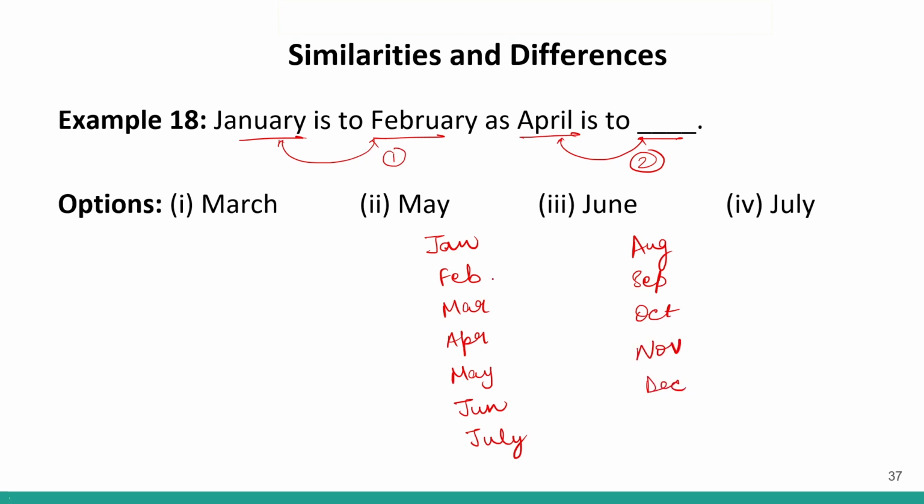So February is a month that comes after January. Similarly, we have to find a month that comes after April, and that is May. So our answer will be option number 2, May. Clear? Let us move forward.